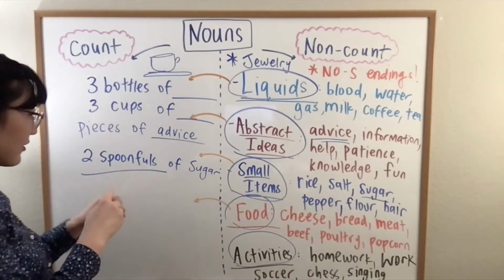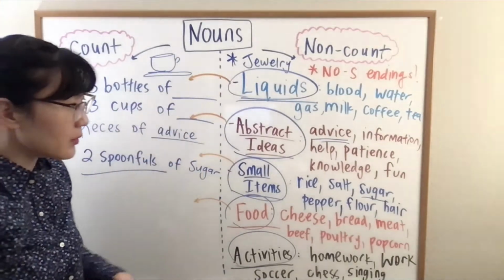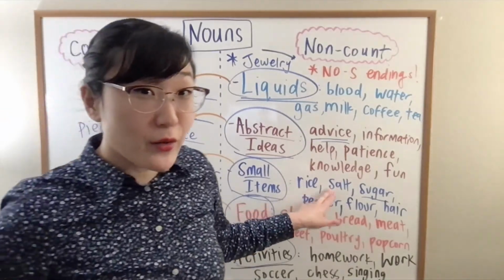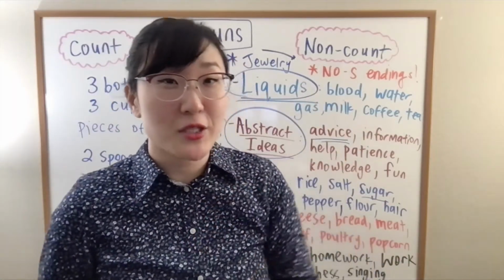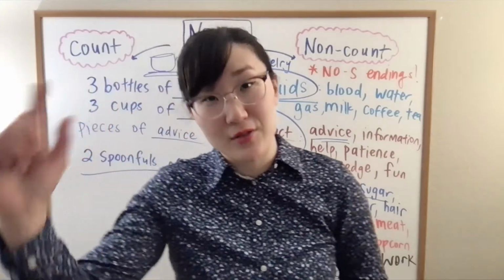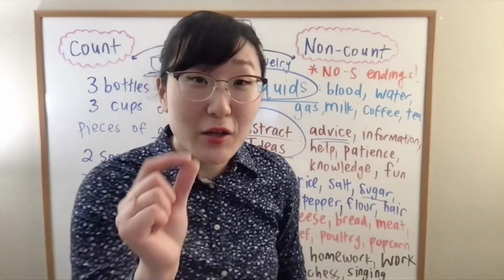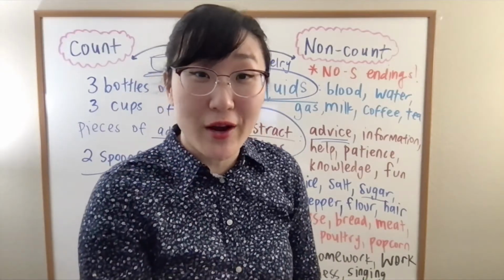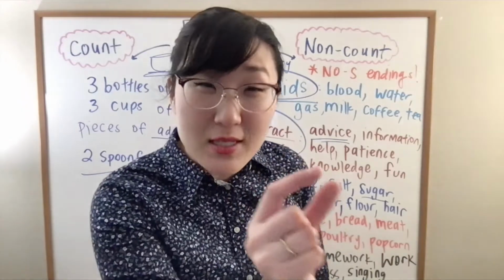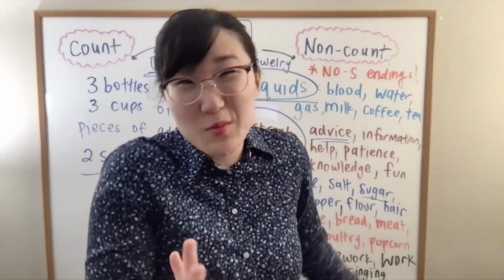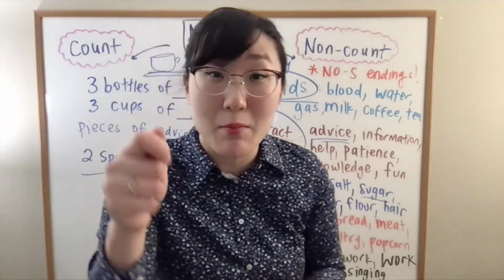This I can count. I can count a spoon, 1, 2. Okay, no problem. Usually when we cook or you bake, if you look at the instructions, they usually say 1 tablespoon of salt or 1 teaspoon of pepper, right? Look for those items next time you look for a new recipe when you're cooking because they give you specific instructions, right? Because we cannot count just sugar, salt, right? It has to be measured.